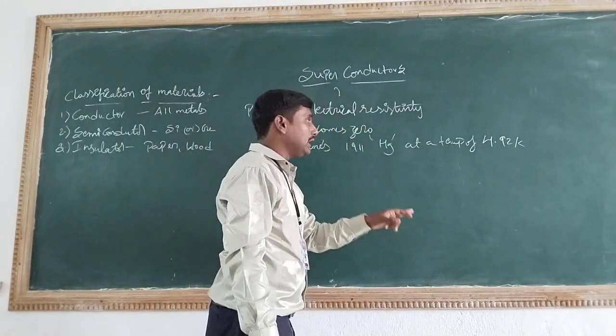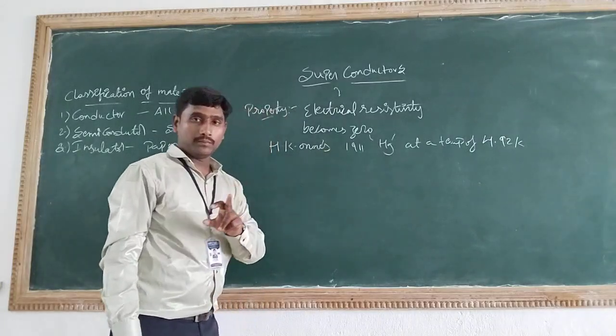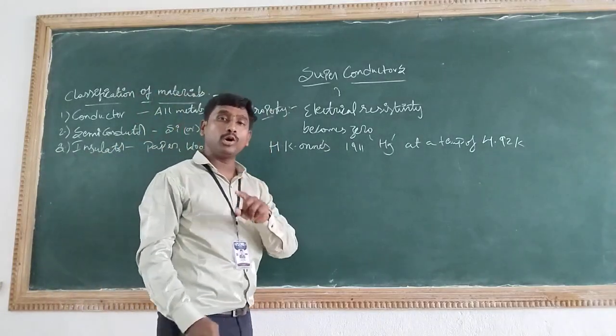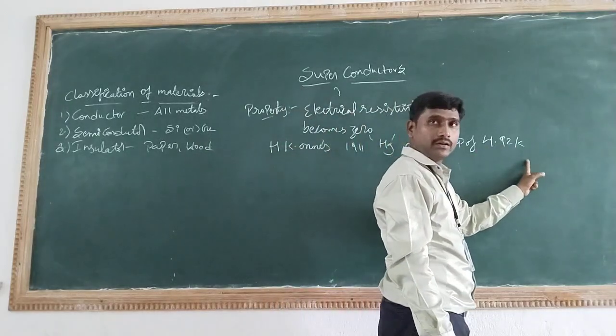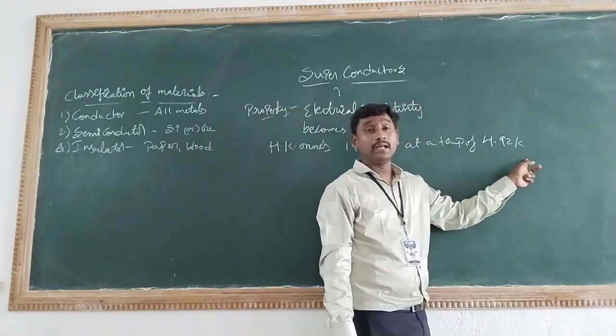That means liquid mercury shows zero electrical resistivity when it becomes colder, at 4.92 Kelvin.